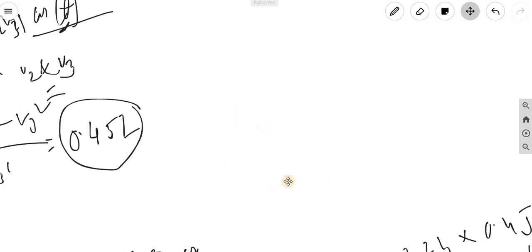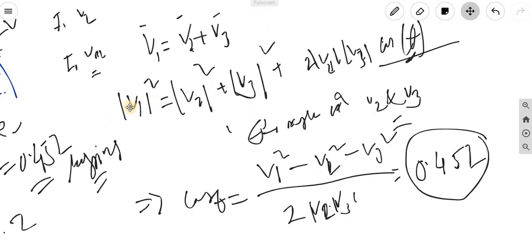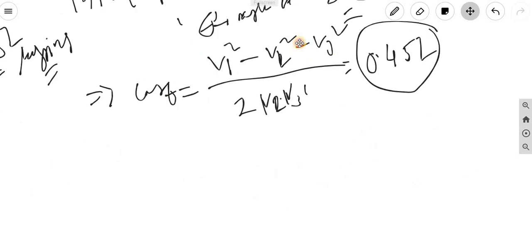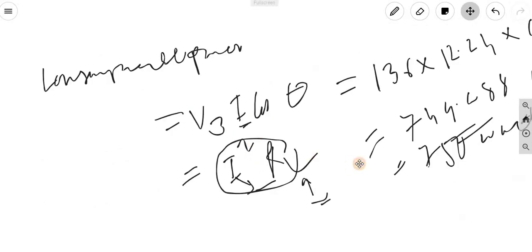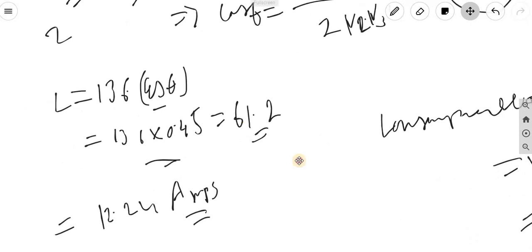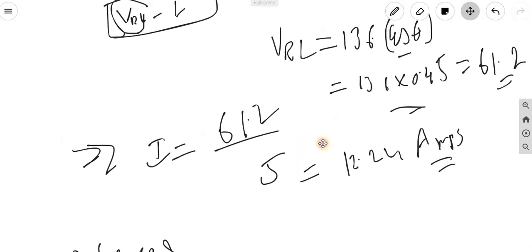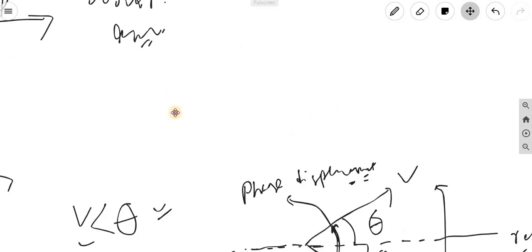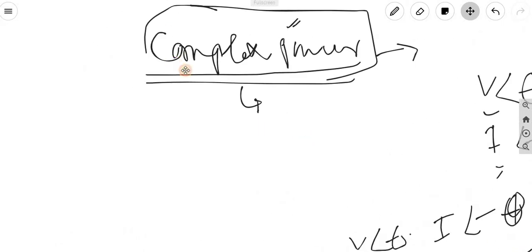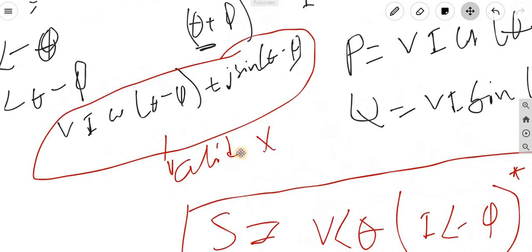Remember one more thing here. In the phasor addition expression, V2 and V3 would have the angle between them, which is theta. Clear? This is the way to find it, and there is homework for you to find the source power factor. Lastly, we discussed complex power.